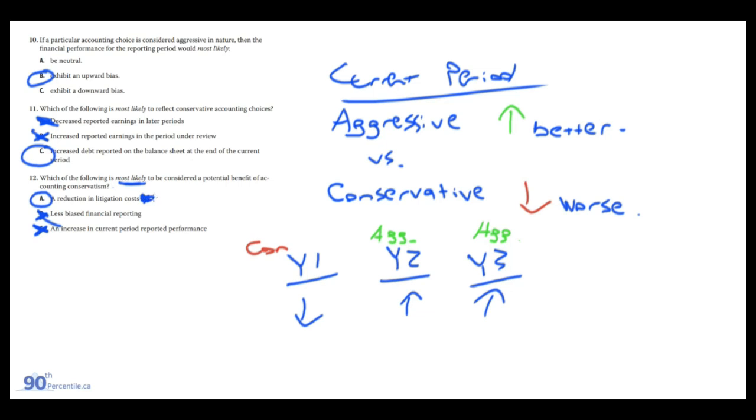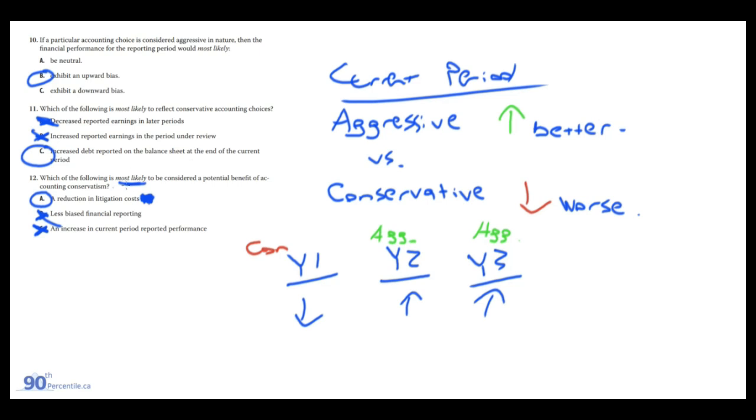I mean, they're kind of stretching a bit here, in my opinion. I guess what they're getting at is, you know, making your performance look worse won't face as much backlash from analysts as making your performance look really good with aggressive accounting, even though it's not true.